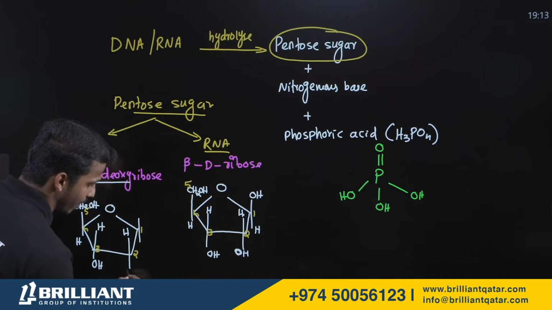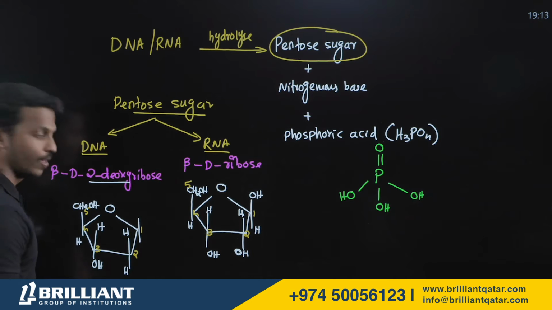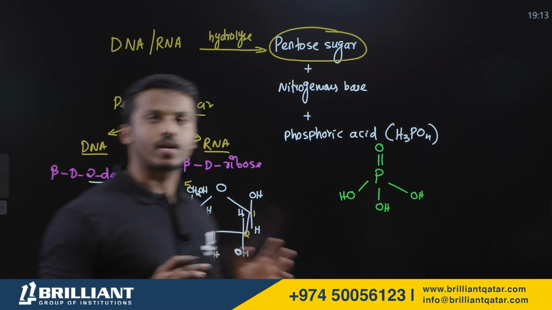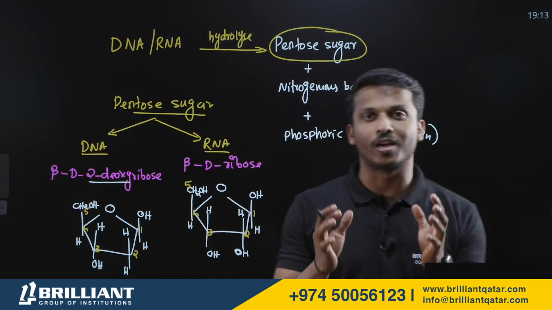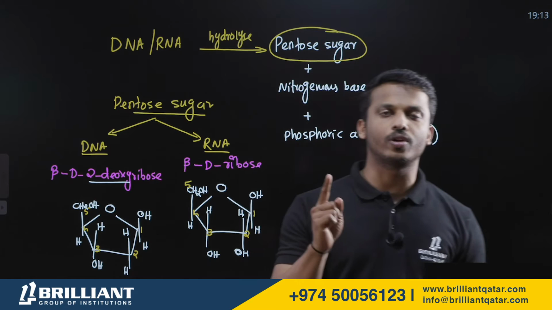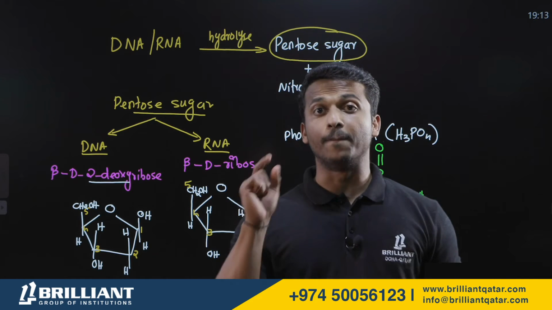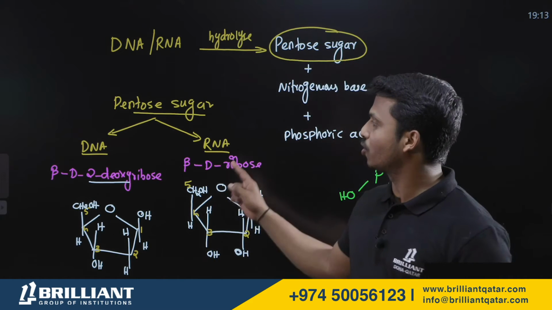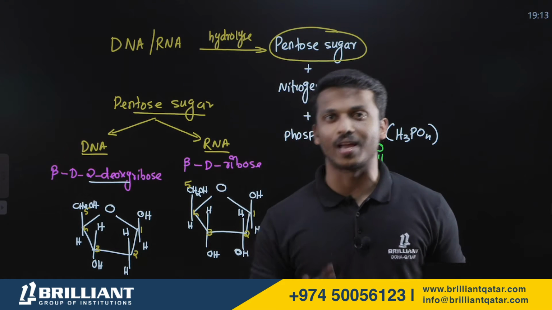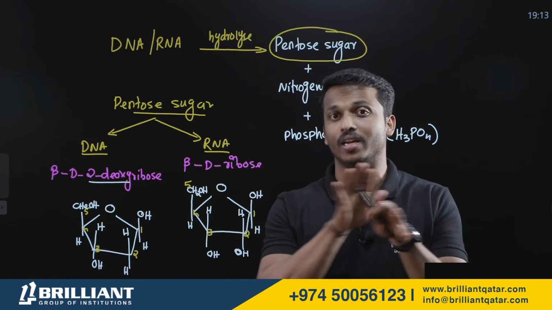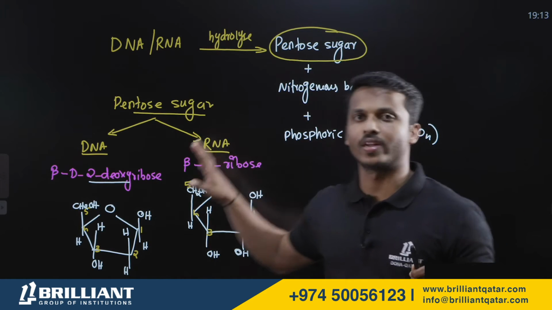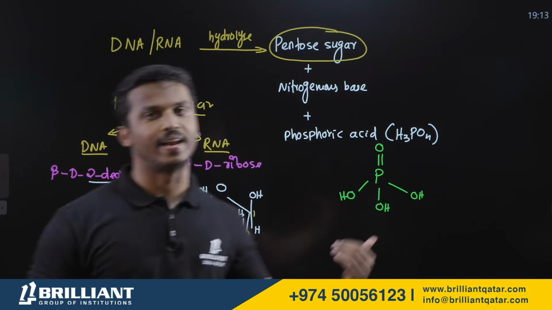So we write hydrogen here, and here also hydrogen. What about here? Same OH. This is the structure of the pentose sugar part of DNA and RNA. Once again, the pentose sugar of RNA is called beta-D ribose. The pentose sugar of DNA is called beta-D 2-deoxyribose, which means at the second position there is no oxygen. Clear? So this is the difference in the pentose sugar of DNA and RNA.